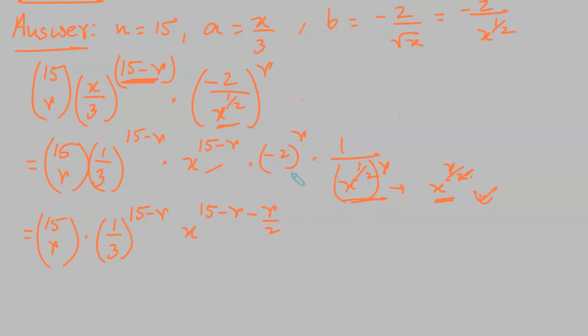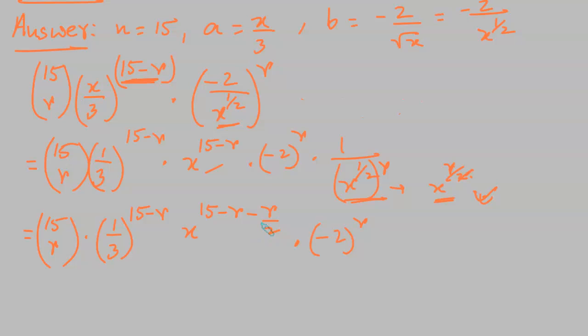We will be doing the exponents chapter as well, and over there we will be solving questions and learning about the laws of indices in detail. Okay. So for the time being, just remember that if you have the same base and different powers getting divided, the powers will be subtracted. So it is 15 minus r over 2 times negative 2 to the power of r.